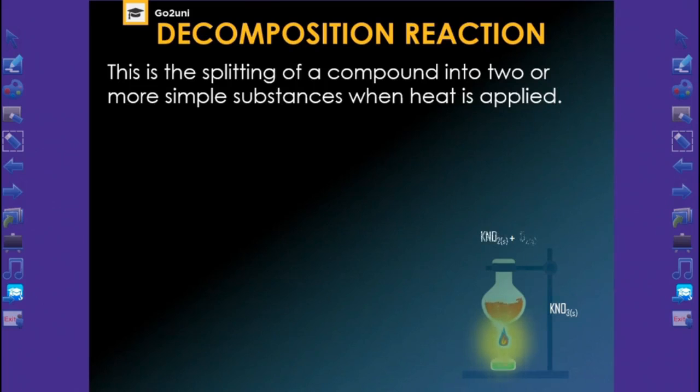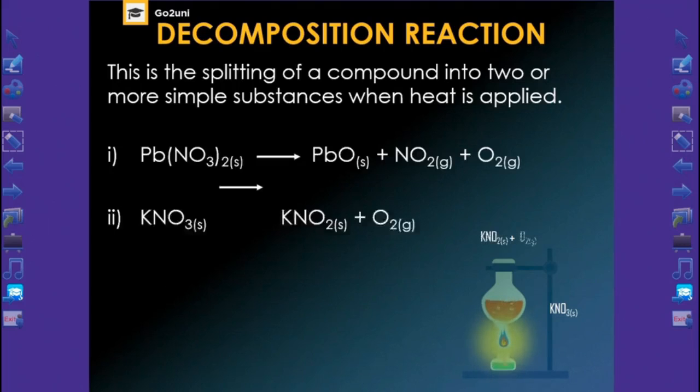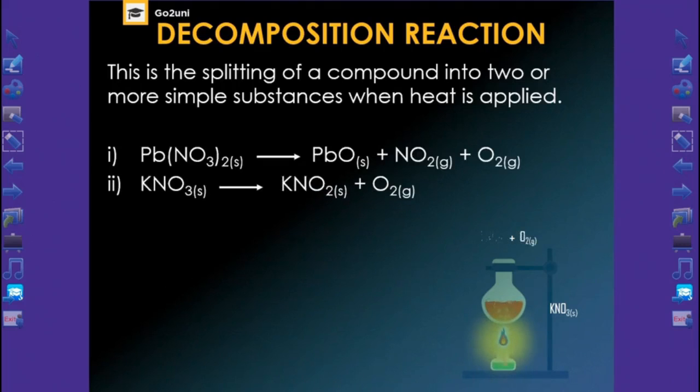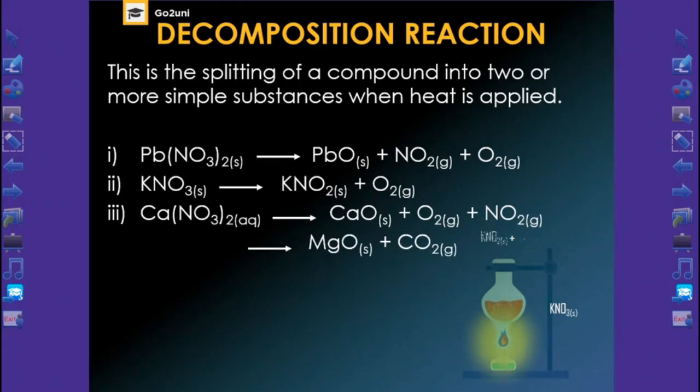So decomposition reaction is a type of reaction in which a given compound is broken down as a result of the application of heat. When these compounds split, it brings about the formation of different compounds. So these are examples of decomposition reaction.